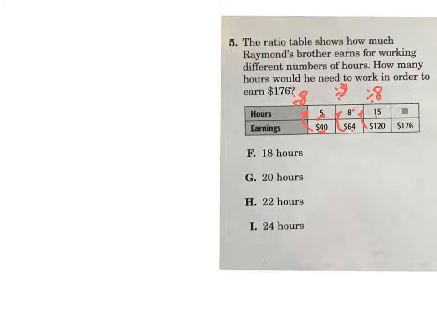So now that I know all 3 of those are divided by 8, I'm going to take this, and to get the number of hours, I'm going to divide it by 8. 176 divided by 8 equals 22 hours, which is 8. Okay? So you just figure out what's going on and what works in each of them, and you can feel confident that it will work for the one you're missing.